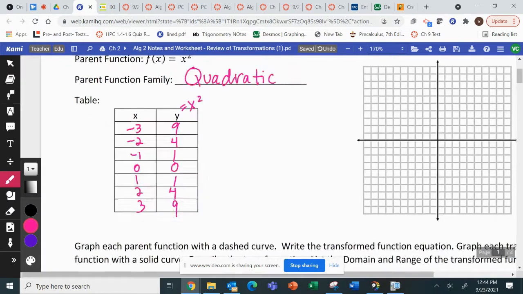And then we go over and we plot those values. 0, 0, 1, 1, 2, 4, 3, 9. Also -1, 1, -2, 4, -3, 9.